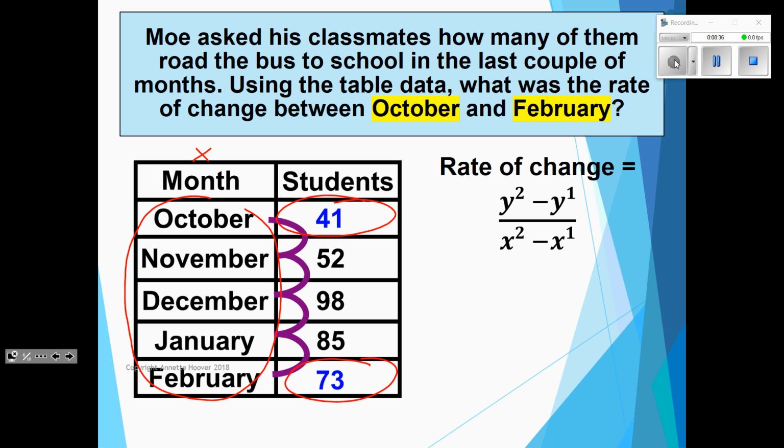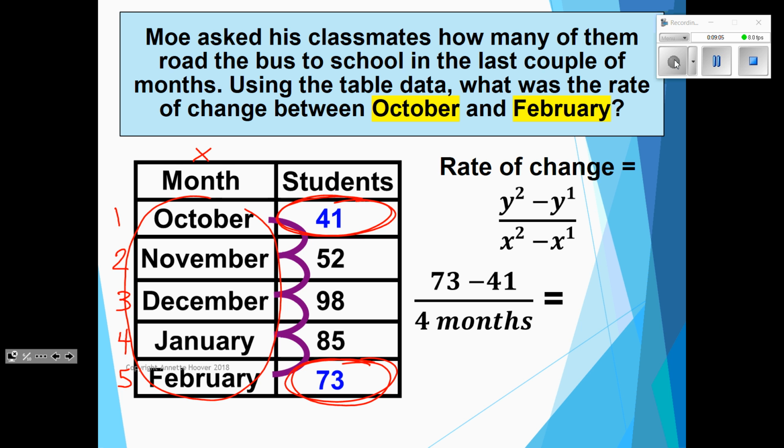But what do we do about numbers when they only have listed months of the year, or they could be days of the week? You can just number them 1, 2, 3, 4, 5, because these are consecutive months: October, November, December, January, February. Remember, we want to subtract the y's on the top. So here's our y, which was 73 minus 41 on the top.